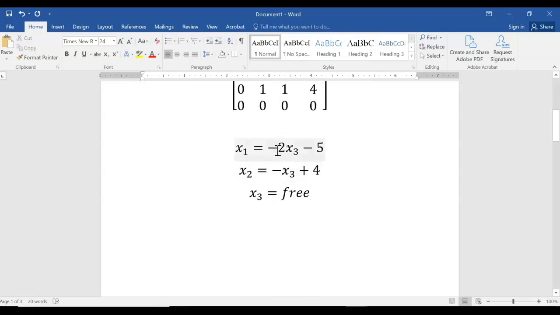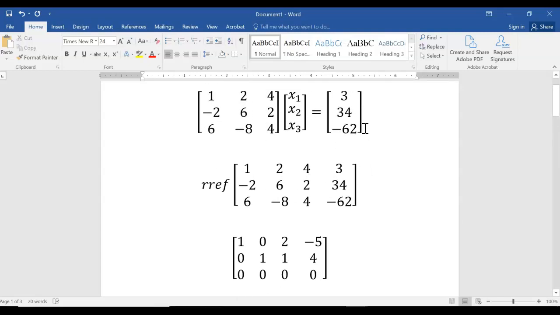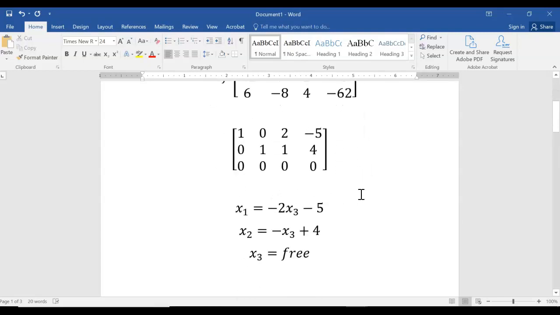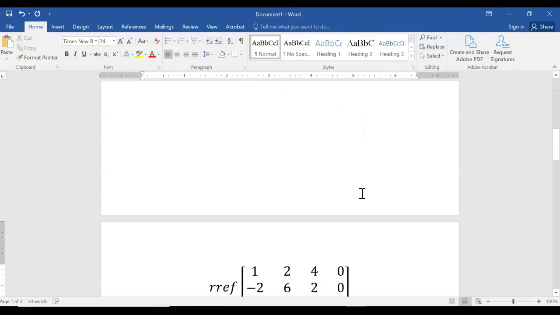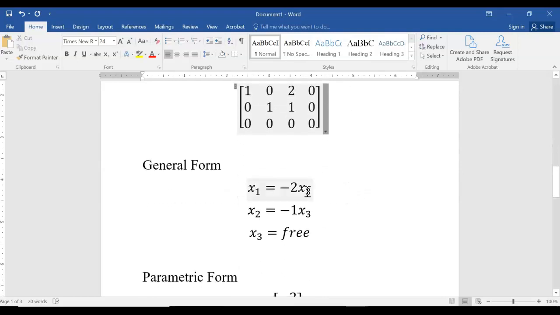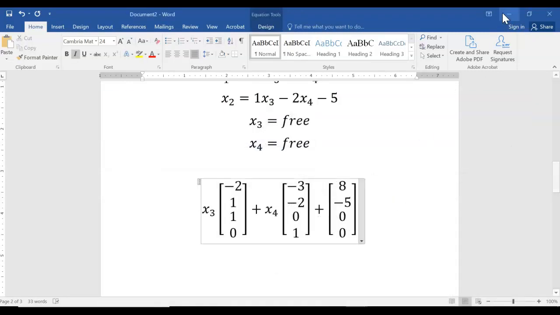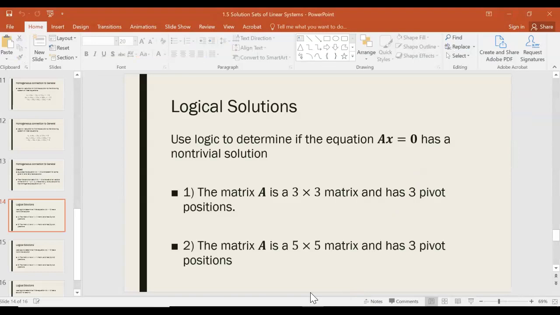Our solutions, -2, -1, 1, plus a constant vector when the system was not homogeneous. Notice when it was homogeneous, we just had -2, -1, 1 without the constant vector added to it. All right, so that is the connection that we're talking about.